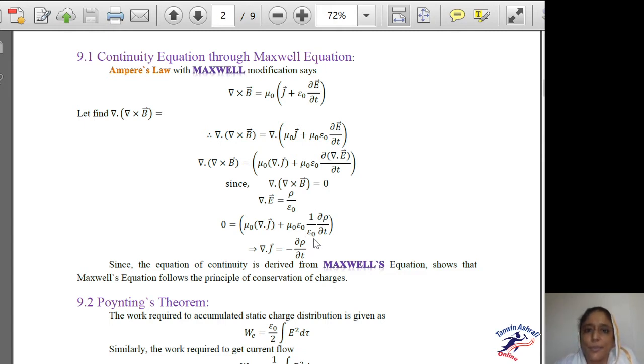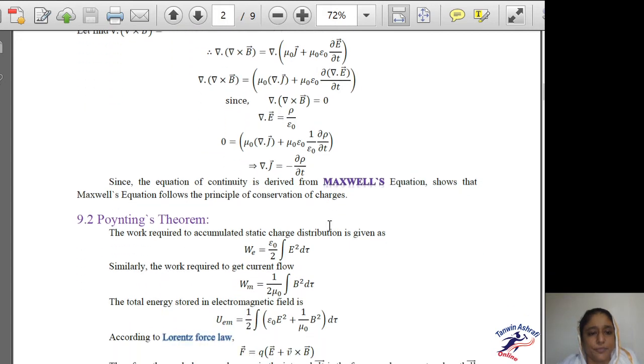Now epsilon naught gets cancelled, and taking mu naught as a common term, we have del dot J is equal to minus del rho by del t. This is the equation of continuity, and we have derived it from the Maxwell equations. That shows that the Maxwell equations follow the principle of conservation of charge.